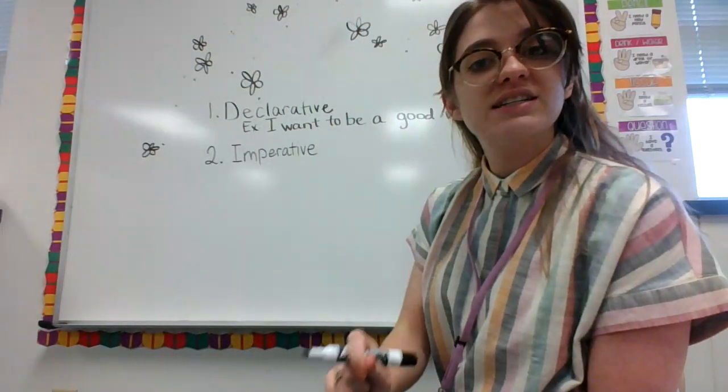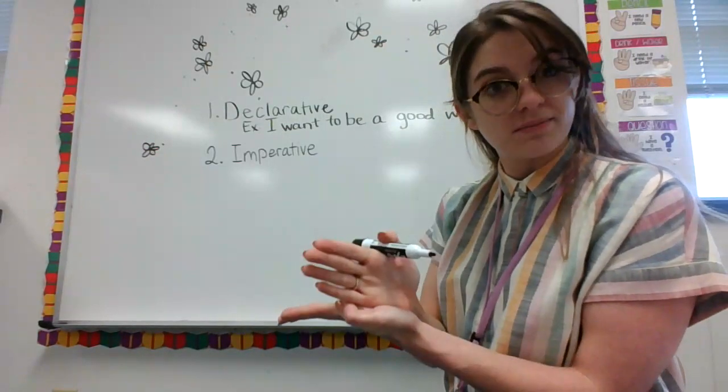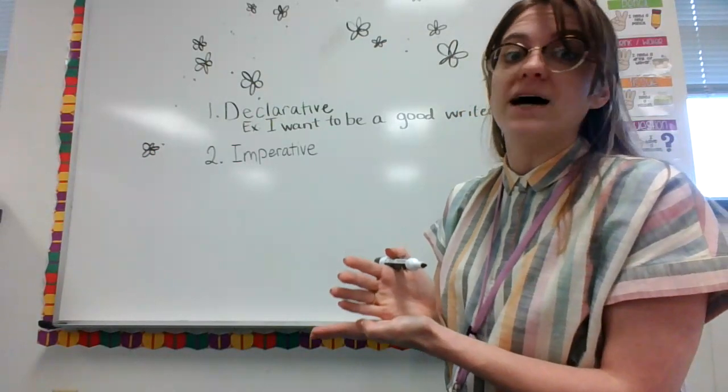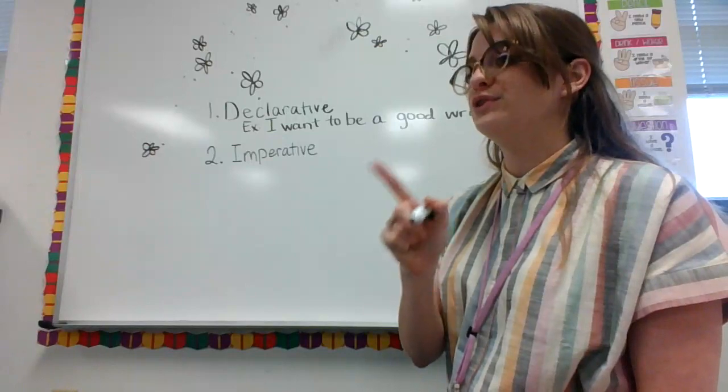And an imperative sentence is a command. You're telling someone to do something. And it's also going to end with a period. But an imperative sentence, you are telling someone to do something.